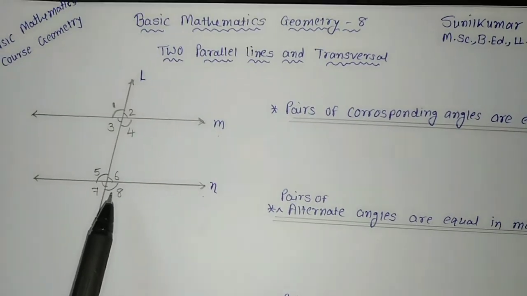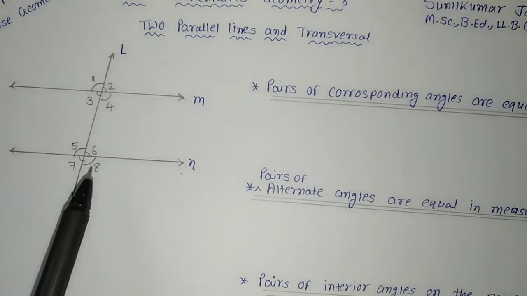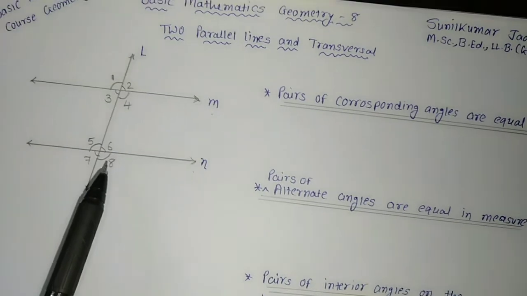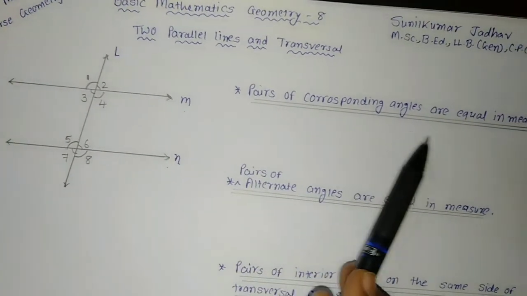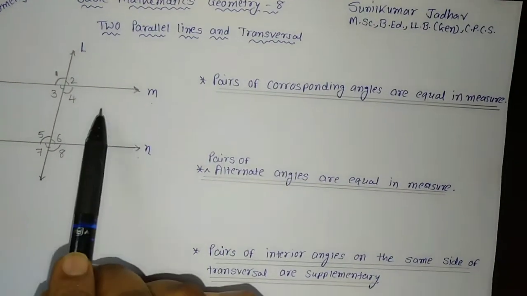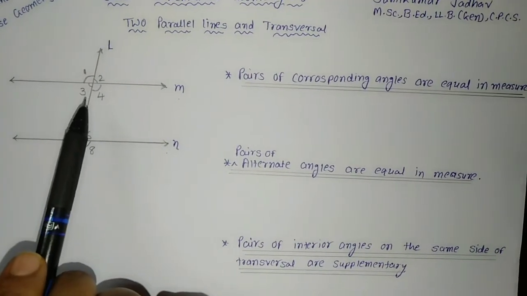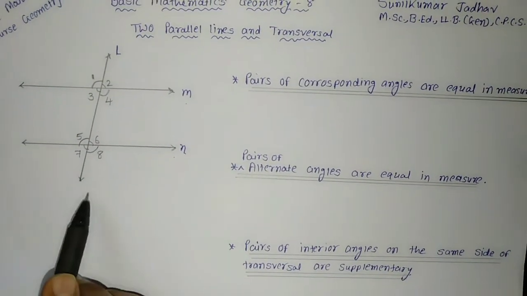Then there are different types of angles formed that we have discussed in an earlier part. Number 1, pairs of corresponding angles. Where are the corresponding angles formed?